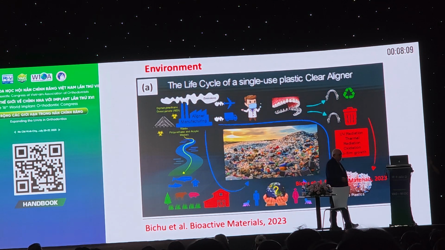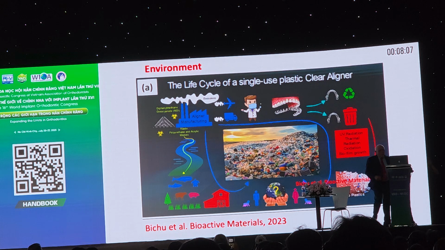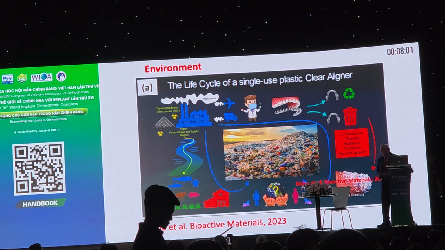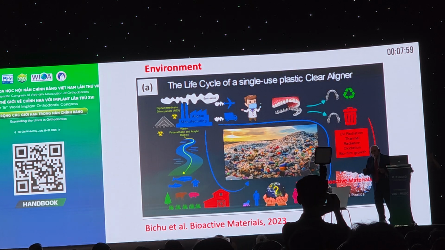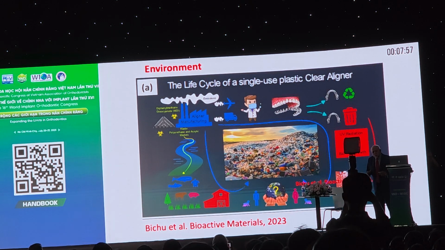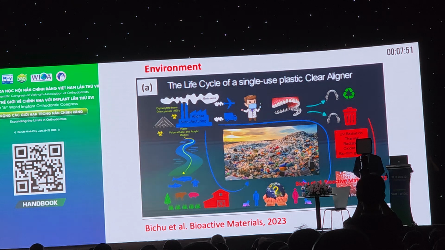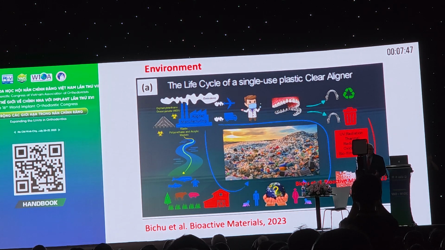This comes from an article by Dr. Bijul and a group of people, including my friend Bjorn Ludwig. What they talk about is that if you have, let's say, 4 million patients undergoing thermoform aligners, that means you have probably 300 to 400 million models going into the environment.